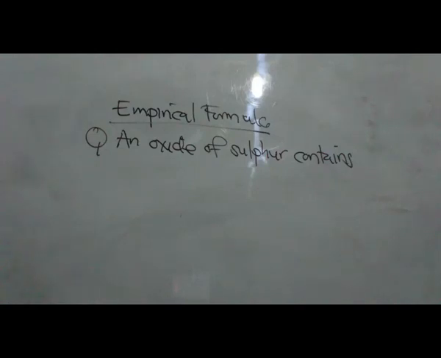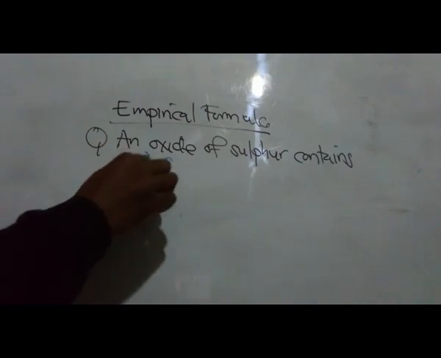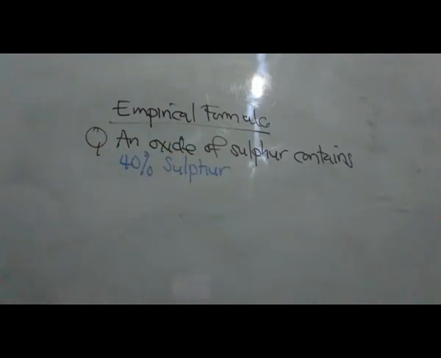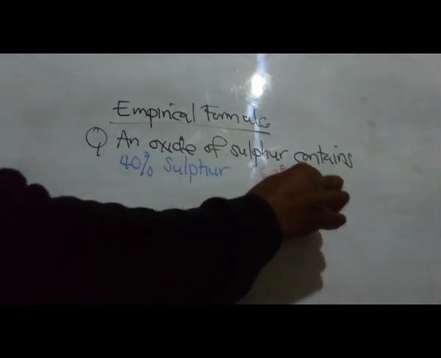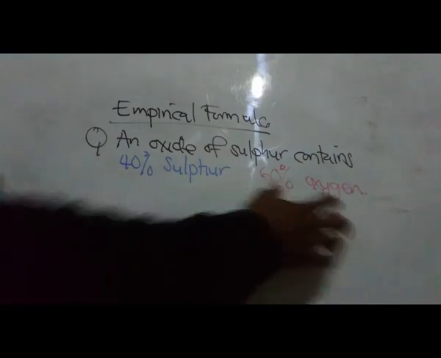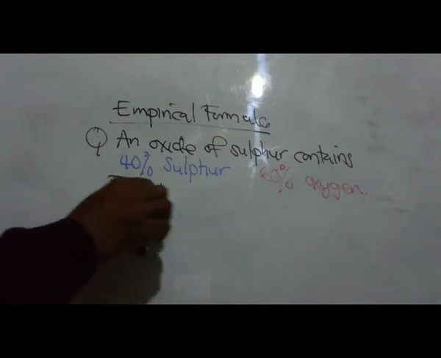So let's write it in a different marker. 40%, that's sulfur, and 60%, that's oxygen. So there is more oxygen content in this oxide. The question continues and says, find the empirical formula. So this is the composition by mass, and we want to find the empirical formula.